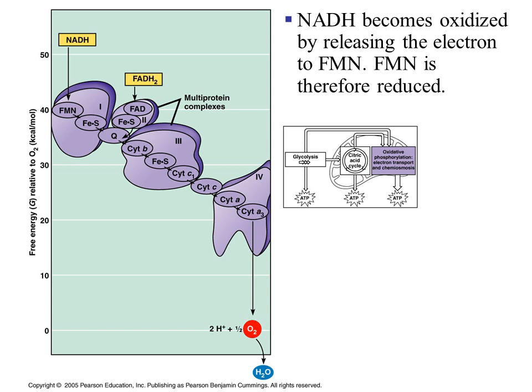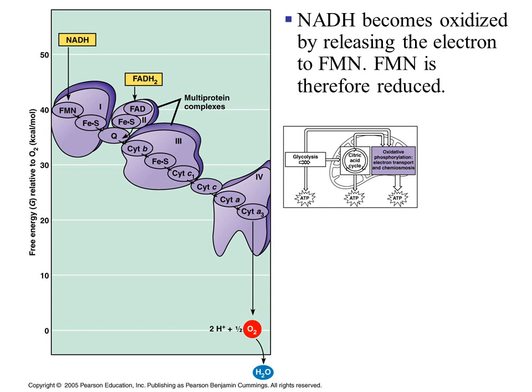FMN will become oxidized when it gives the electron to FeS. Then FeS will become reduced. Then FeS will become oxidized when it gives the electrons to Q. And this will continue to move the electrons down this electron transport chain.